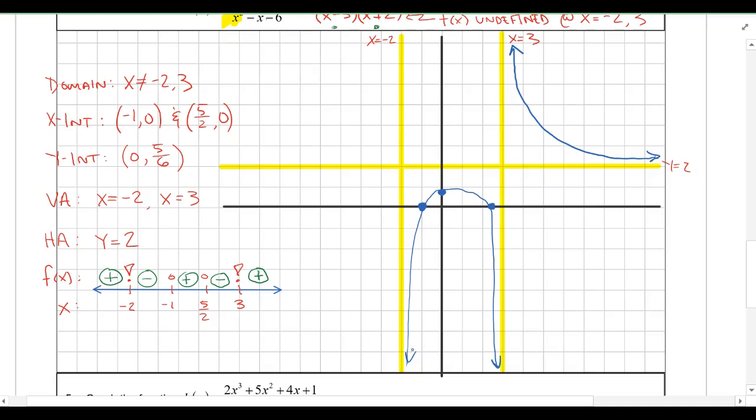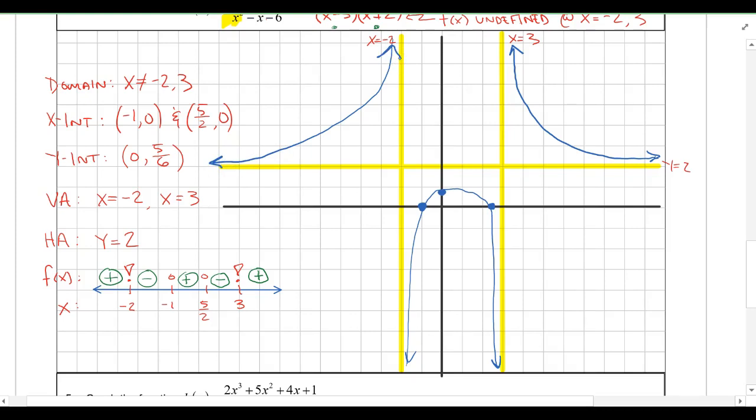Okay. Now let's look to see what happens with the rest of our sign chart. So now we're going to move over to the left of this vertical asymptote x equals -2. My function is positive. I'm bounded on the right-hand side by this vertical asymptote, and on the left-hand side by this horizontal asymptote. So this is how the graph is going to look out here.